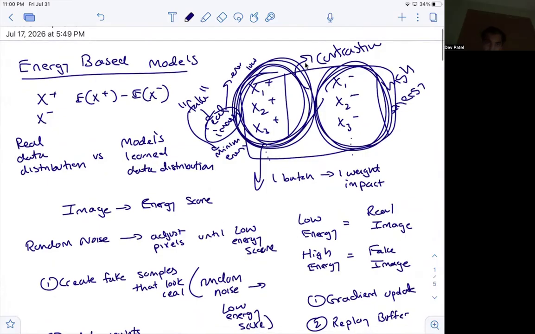And so what we do is, let's say we have a batch, and in this batch we create these fake images, and we run this through a neural net, and we try to adjust the weights such that higher energy scores are associated with the fake images, and low energy scores are associated with real images.